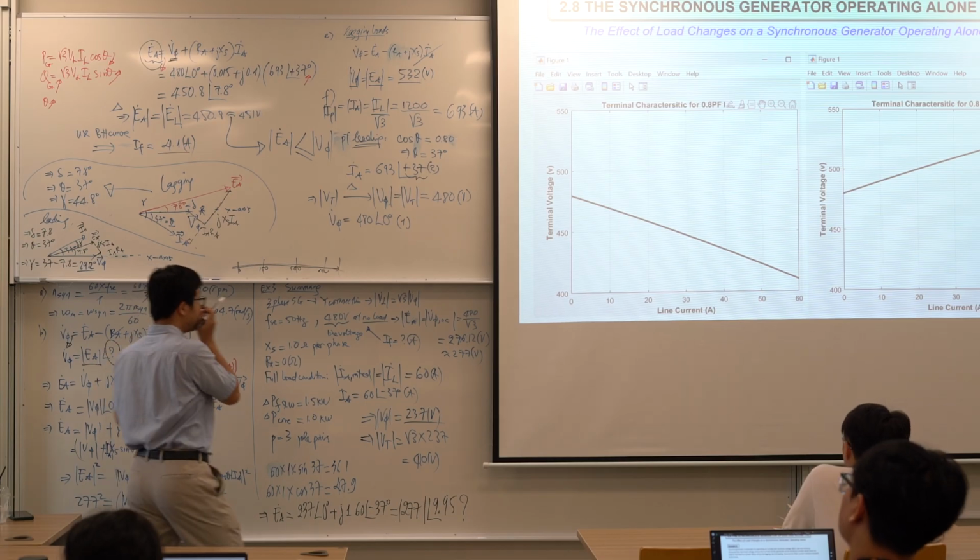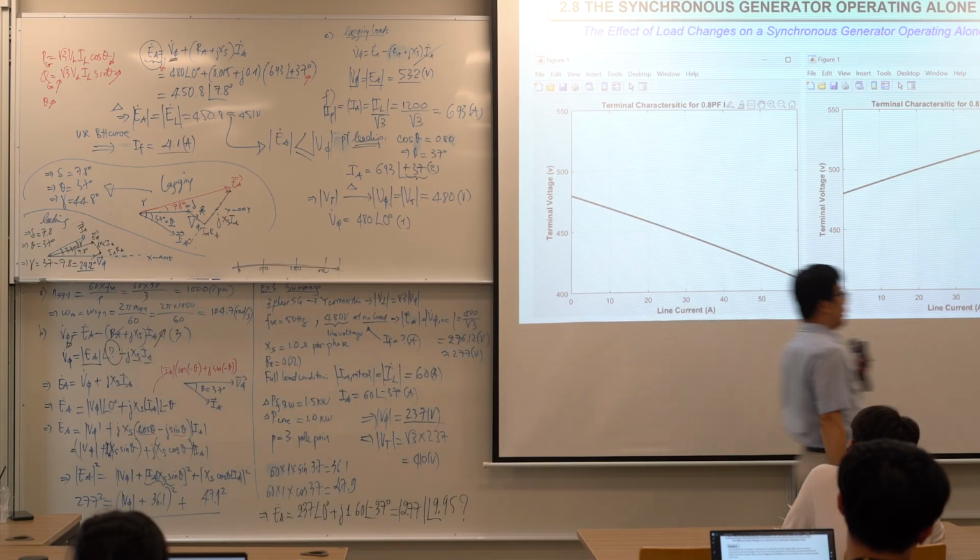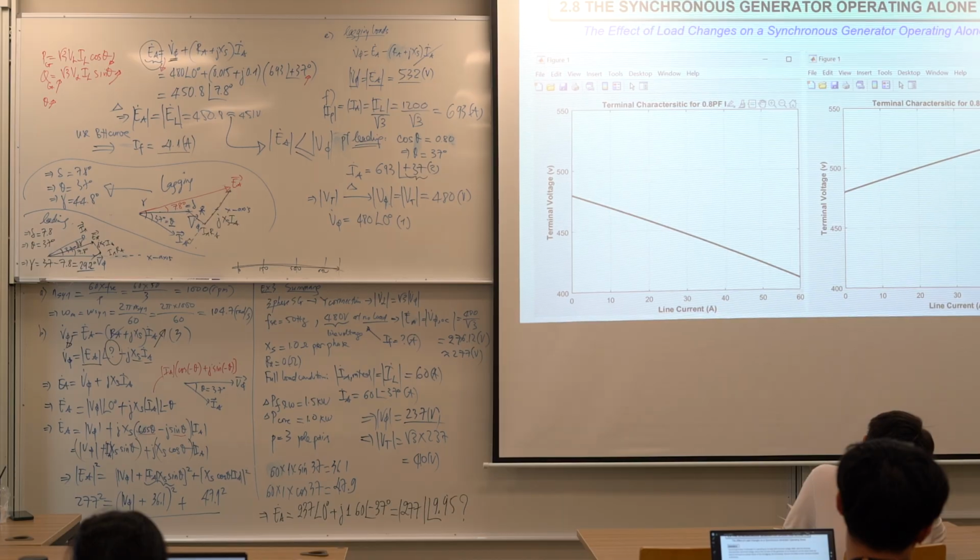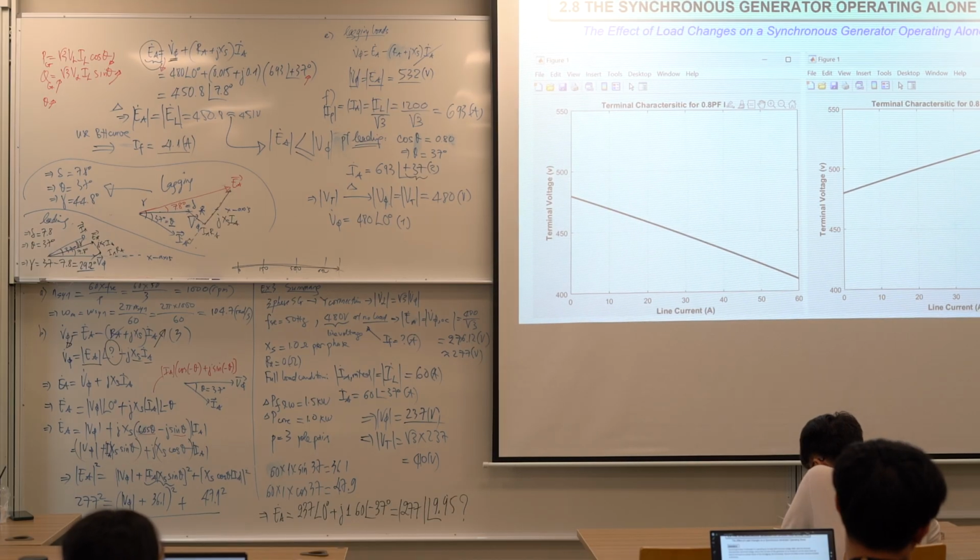The reason is, for leading, we have V phase is EA minus jXSIA, but IA here is positive, leading. Or we can say EA plus jXSIA.